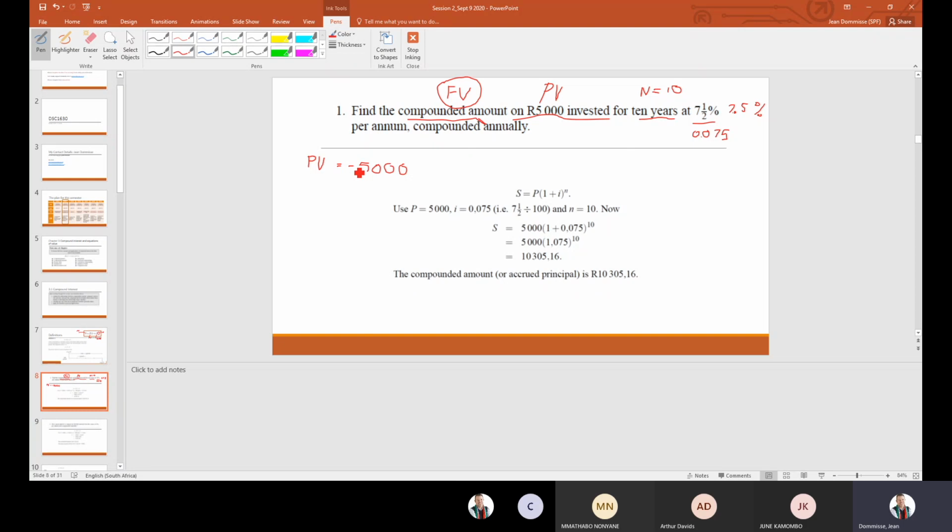Just remember that when you're working with a calculator, if you suddenly see a future value that's negative, it is probably because when you input the data at the beginning, you didn't say that the present value was negative. You probably said it's positive. So it's not that your final answer is wrong. Just take away the negative and you will have your future value. So by using the calculator, present value is equal to 5,000, minus 5,000.